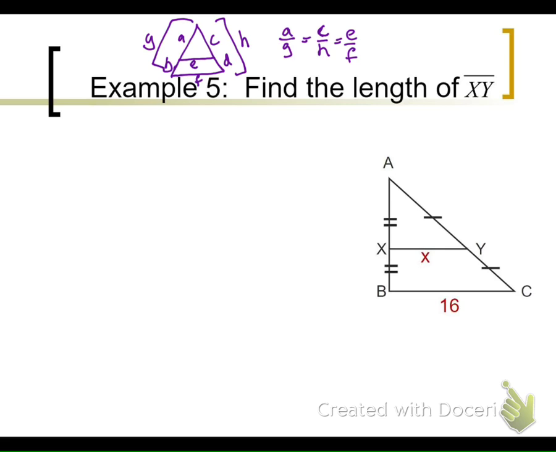When we look at this, you see a bunch of congruent marks, but we only have one real number given. So we have to use the theorem we put up at the top. We know the length of AX is AX. We don't know what it is, but I can use it to talk about it as AX. If you know these two are congruent, what's the length of AB? Not exactly.